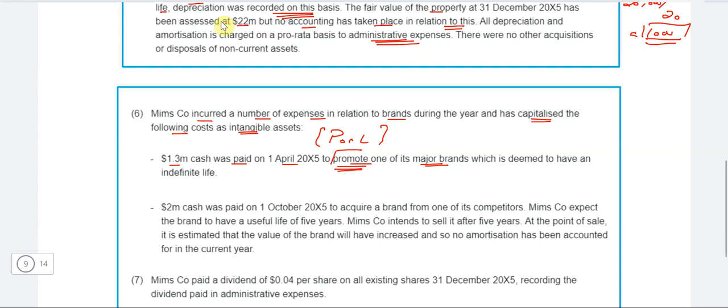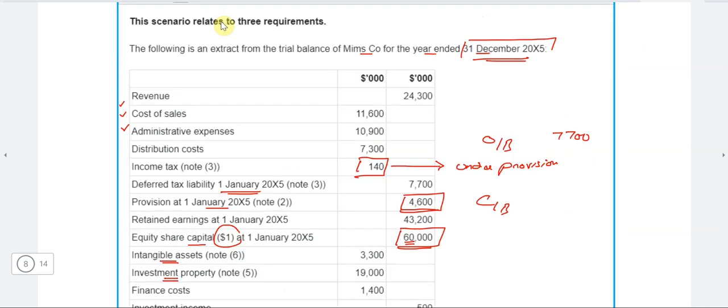And then we have 2 million cash paid on 1st October 20x5 to acquire a brand. Okay, fine. When you acquire a brand, this is an intangible asset. MIMS company expects the brand to have a useful life of 5 years. So that means 2000 divided by 5 to calculate the amortization. When they acquired it on 1st October 20x5, what is the year end? 31st December.